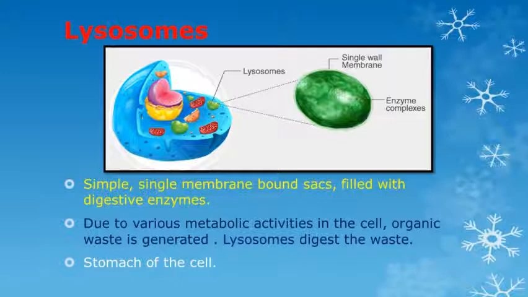This we have already studied in our previous cell organelles, that due to the various chemical reactions that are happening in the cell, waste material or byproducts are generated which are required to be flushed out from the cell. And the lysosomes are one of the organelles which digest the waste material which is generated during the chemical reactions in the cell. So this is also known as the stomach of the cell, as it digests the waste material.